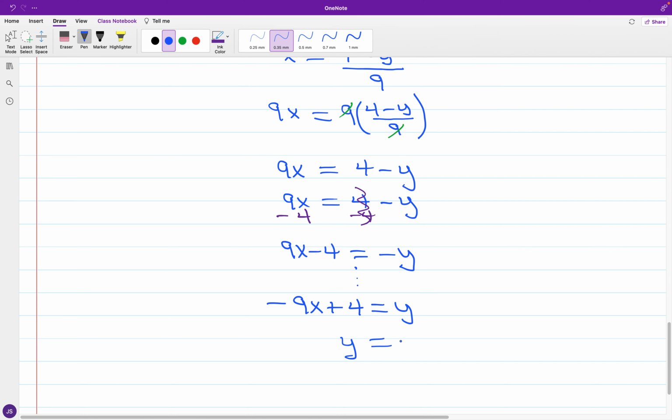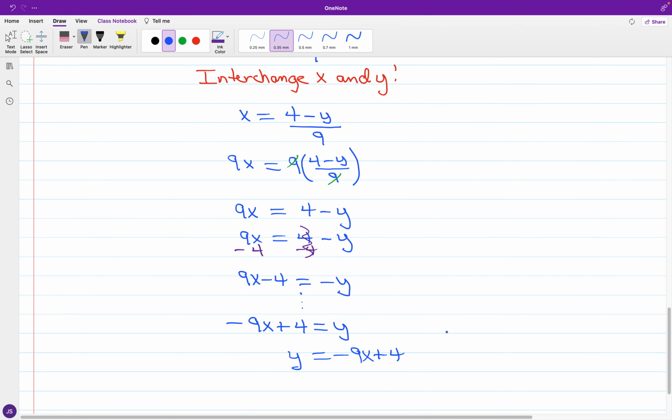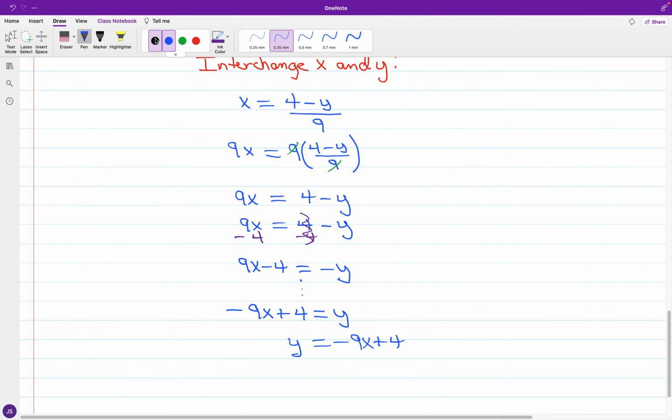And just swapping sides, you had that y is equal to negative 9x plus 4. And it's going to follow that the inverse of f of x is equal to negative 9x plus 4.